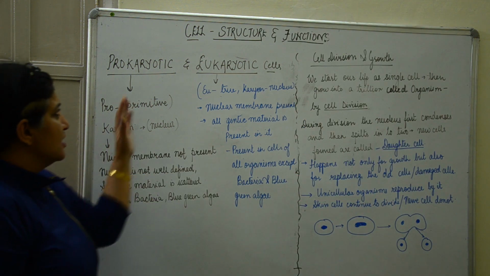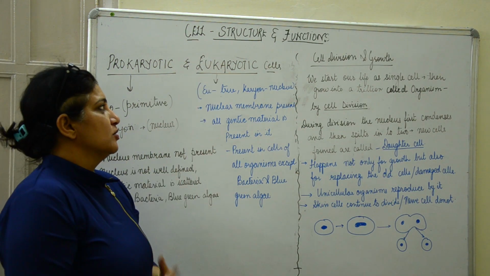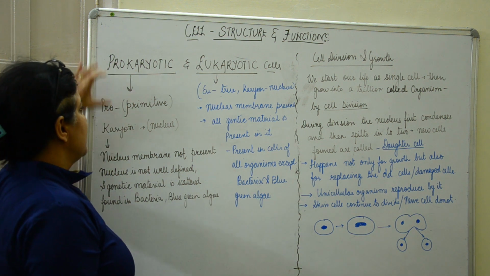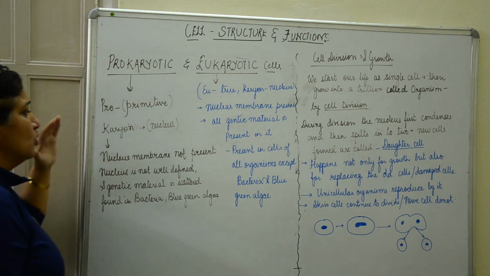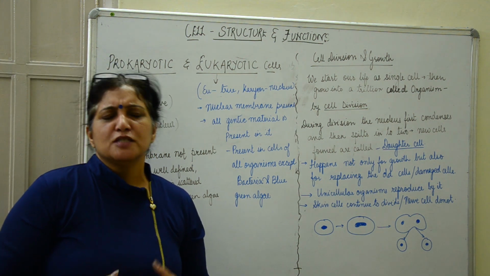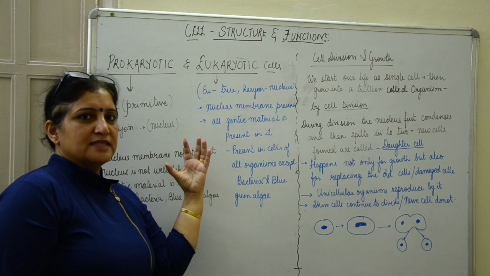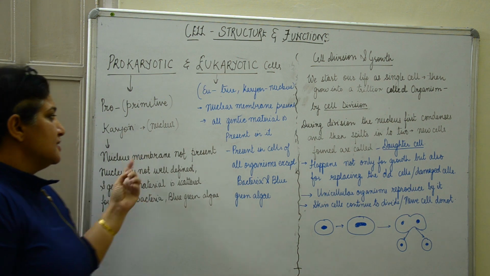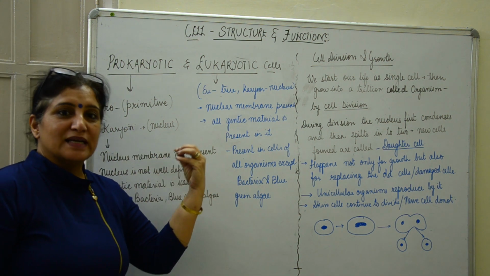Now we come to the last part of this chapter, and that is the prokaryotic and eukaryotic cells. Pro means primitive, karyon means nucleus. So by the name only we know that in this the nucleus is of the primitive kind. That is what we believe, that when life started on earth, these were the first cells which appeared, and in this the cells do not have a proper nucleus.